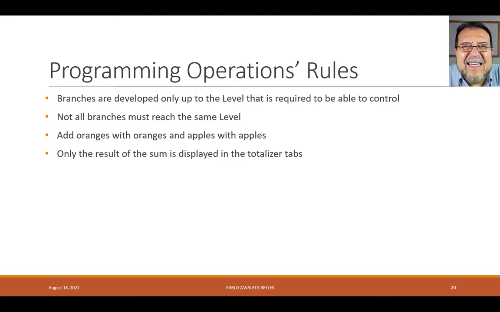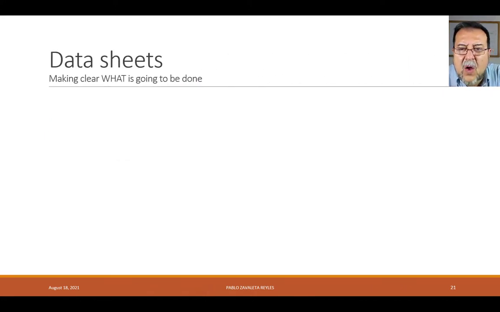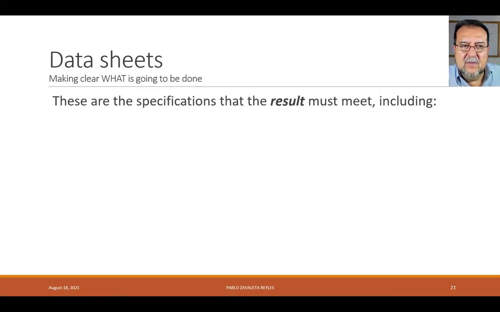Now, let's go to the data sheets. Please be very aware that we're talking all the time about results, not activities. Now, about the results, we need to make very clear what we're talking about.